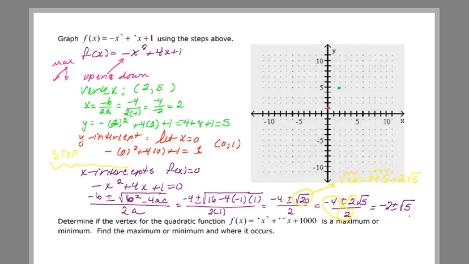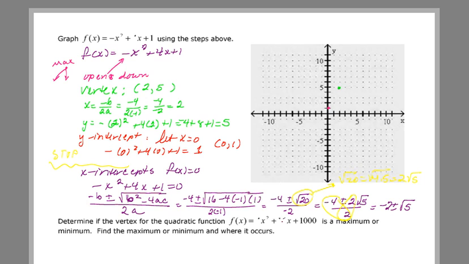Okay? Well, I really don't know where those values are. I'm going to have to use my calculator to help me figure out where those values are. So let me pull up the calculator. Man, there's just something I'm thinking about. Here's my mistake. I knew I made a mistake somewhere. 2 times a would be 2 times negative 1.